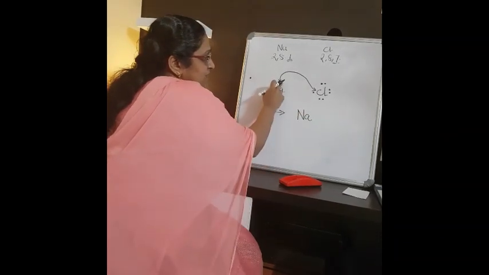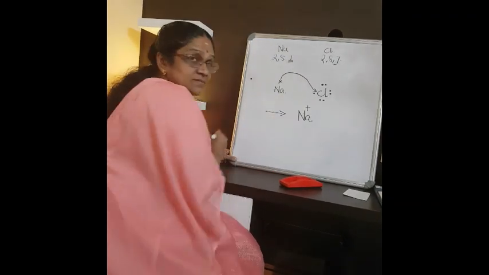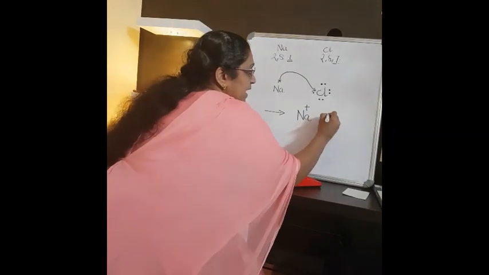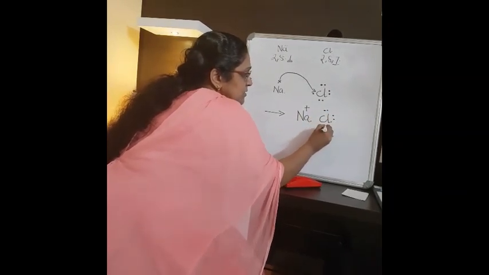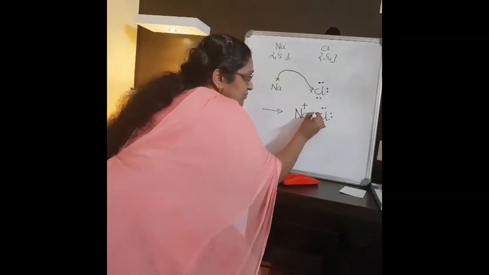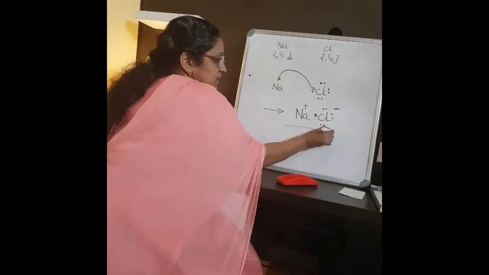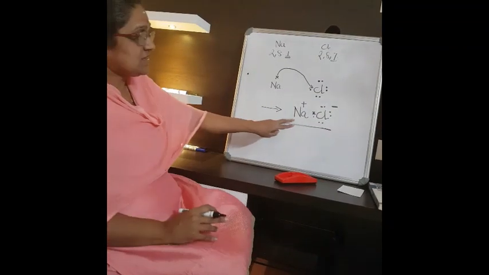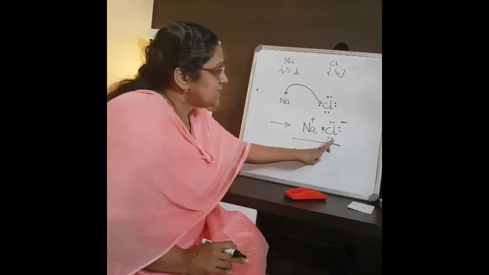Na, this electron has gone. So what will happen? This is plus. Correct? And the Cl minus you have to draw like 2, 4, 6, 7, and this 8th electron is coming from the sodium. So you got a minus charge. So this is how the schematic representation of the diagram of the formation of NaCl.